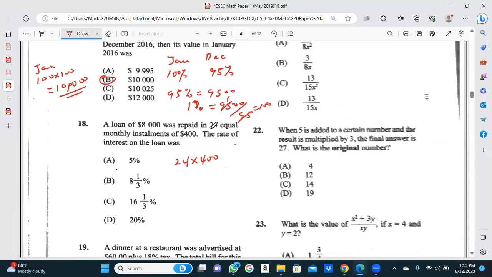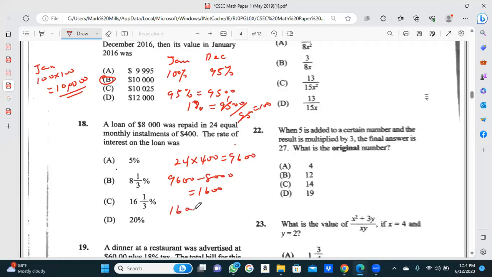Now here they say a loan of 18,000 was repaid in 24 equal monthly payments. The rate is what? So multiply, this will give me 9,600. 9,600 minus 8,000 gives me 1,600, right?